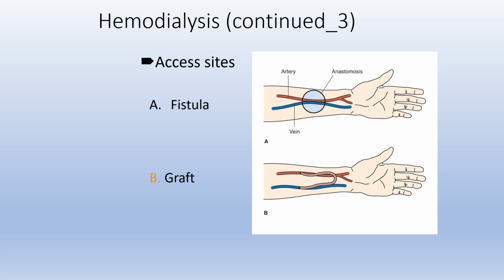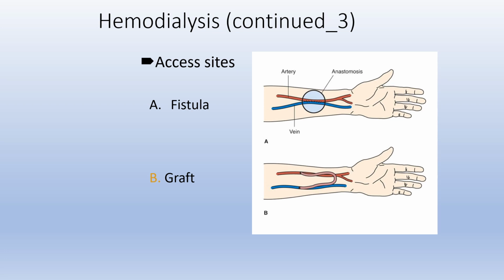And then you see the AV, arteriovenous graft, which is the AV graft. This graft is an option for patients whose veins are very small and most likely won't mature into a working fistula. So a surgeon will connect a soft, biocompatible flexible tube between the artery and the vein beneath the skin.